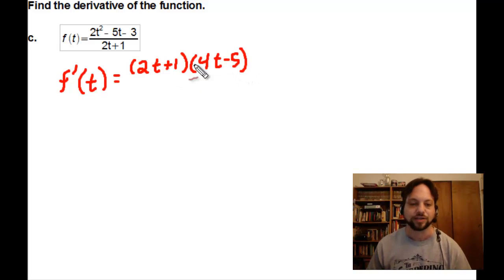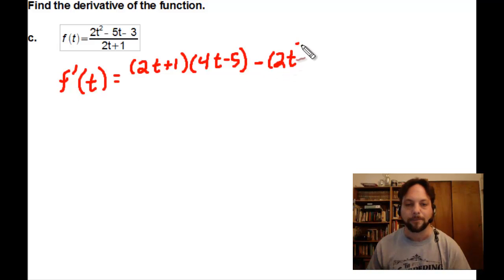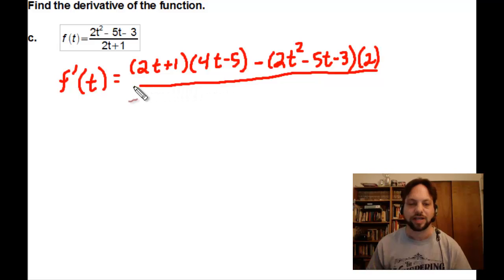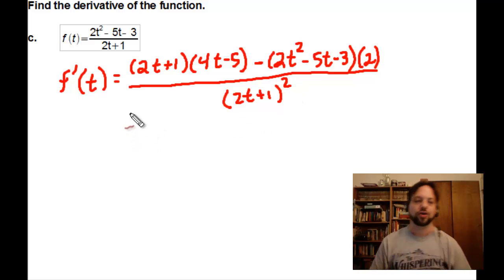You can verify that yourself. Subtracted by the numerator times the derivative of the denominator, which in this case is actually just 2. And then we're going to divide that entire mess by the denominator squared. And there you go. There's your quotient rule.